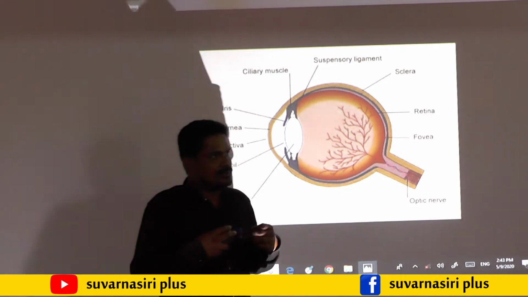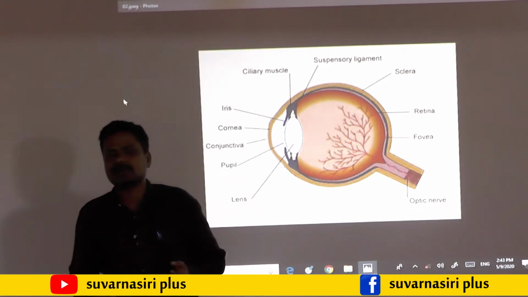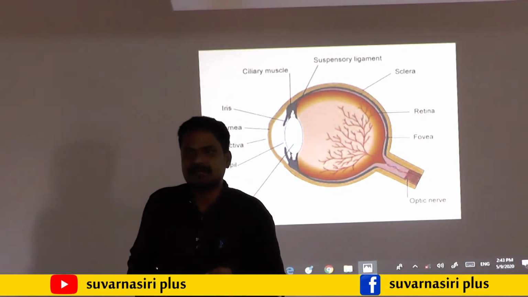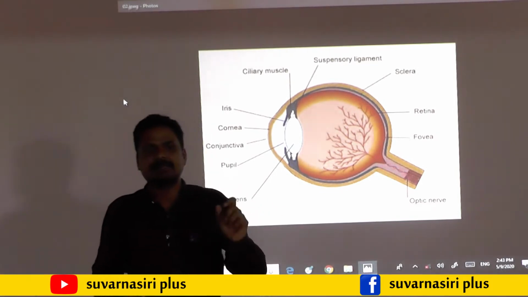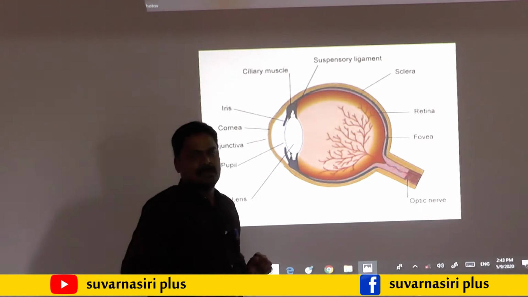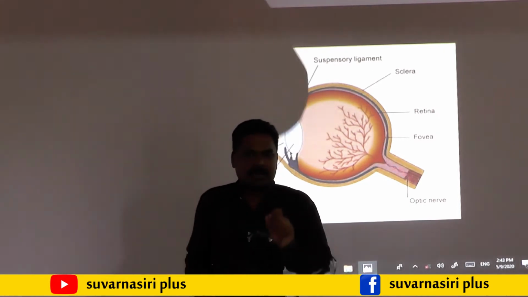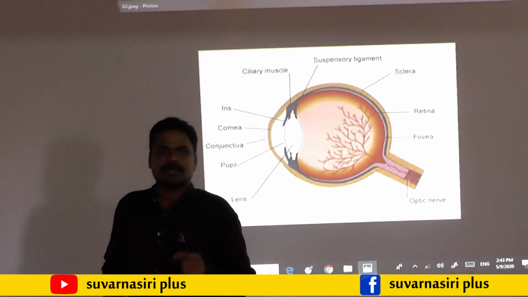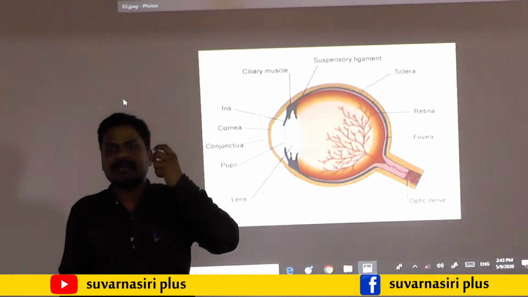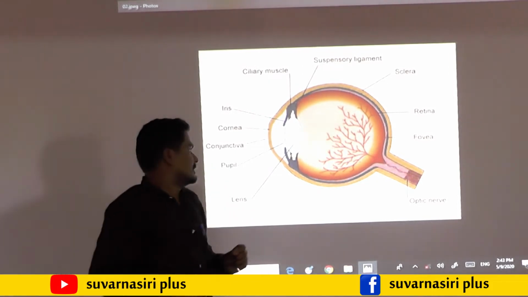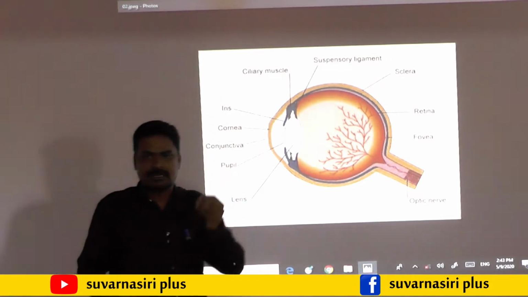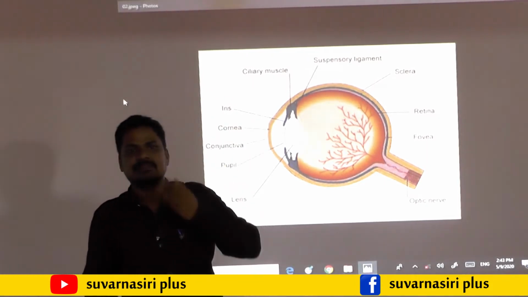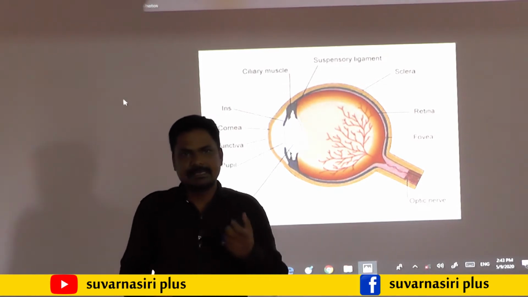Sometimes due to old age, a person may suffer from both myopia and hypermetropia. This condition is called presbyopia. And sometimes a cloudy layer forms on the cornea. This condition is called cataract.